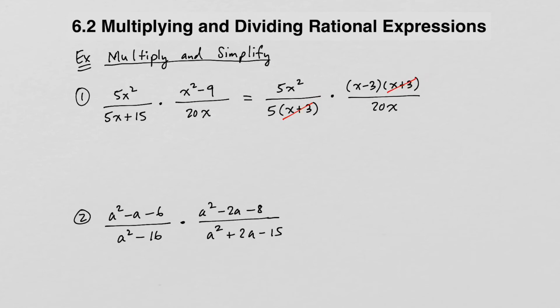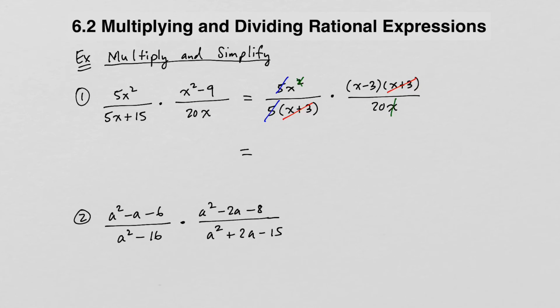And you can also cancel this 5 with the 20, so we could cross-cancel there, or we can cancel this 5 with this 5. And actually, I think that's easier, so I'll go ahead and do that. And then one final cancellation we can do is the x squared here and the x down here. This one factor of x here will cancel out one of those factors of x.